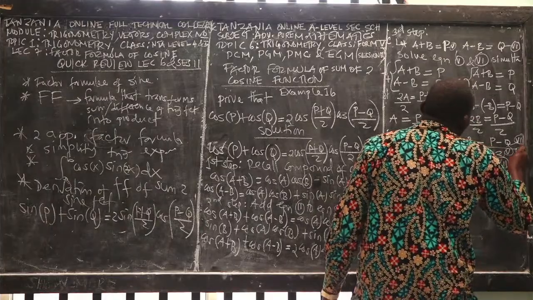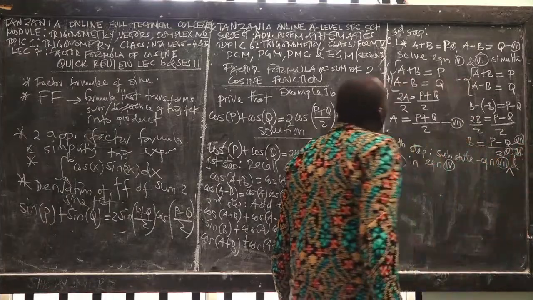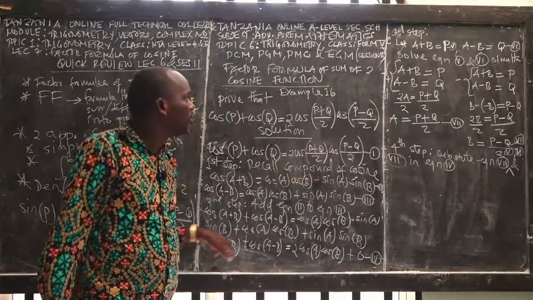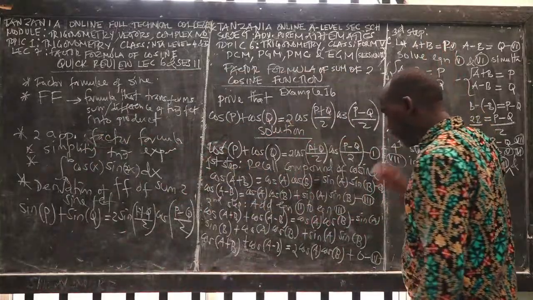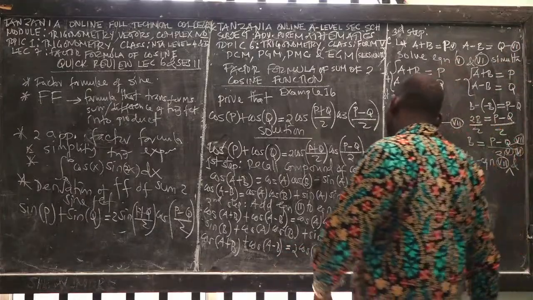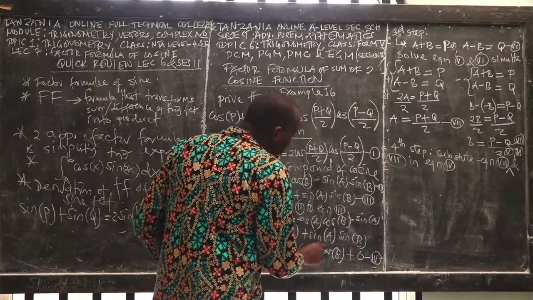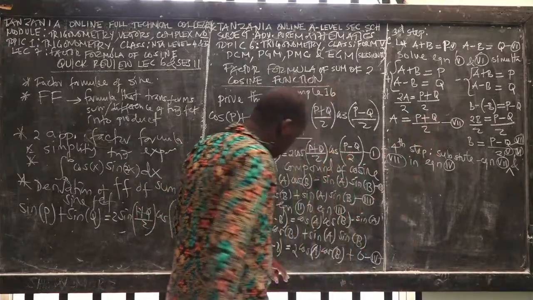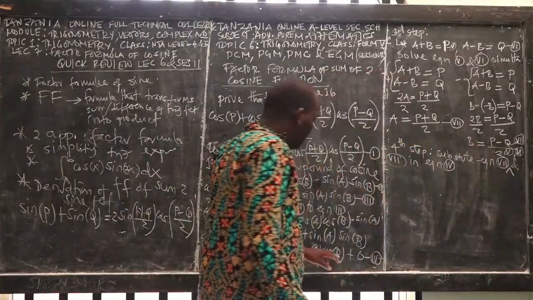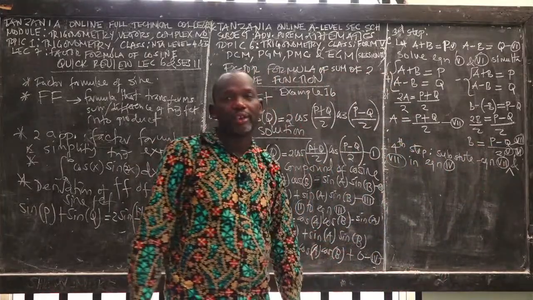So substitute for equation 4. Tunachukua thamani ya A jumlisha B, tunaweka P, na kwenye A minus B, tunaweka Q, ambao ndio equation yetu ya 6. Alafu kwenye thamani ya A, tunaweka P jumlisha Q, gawanya kwa 2. Kwenye thamani ya B, tunaweka P minus Q, gawanya kwa 2.